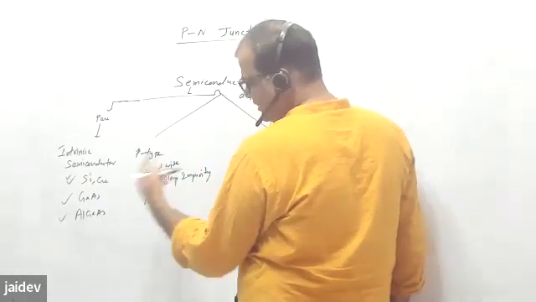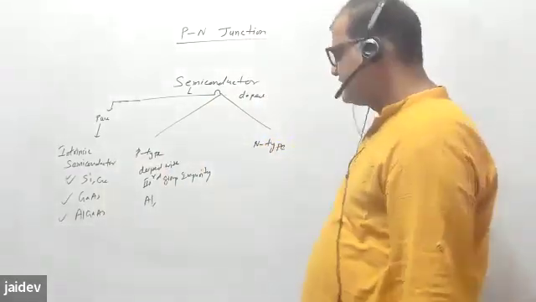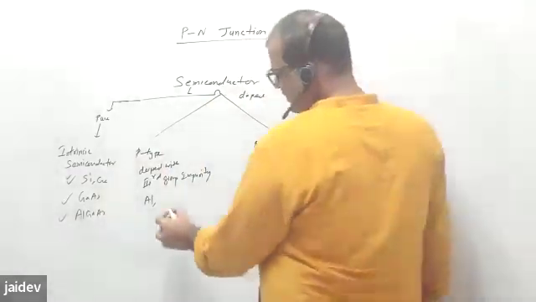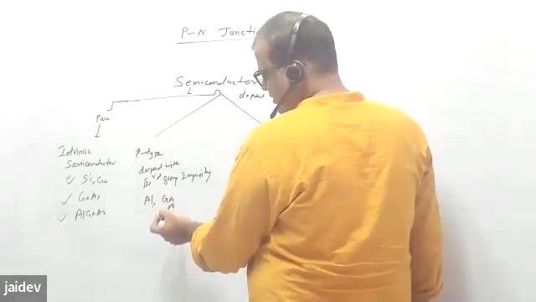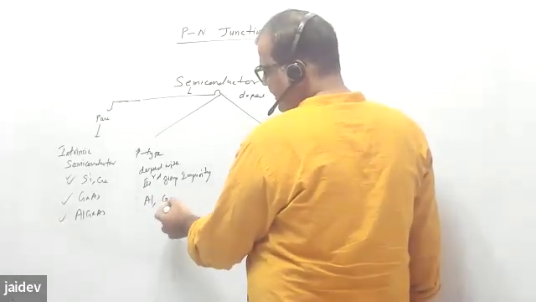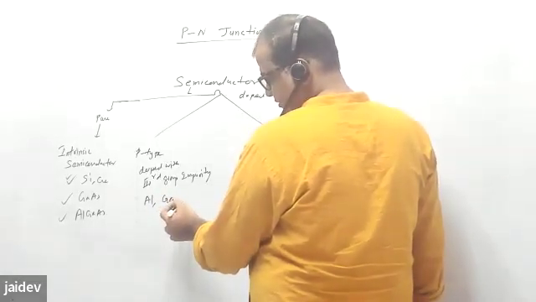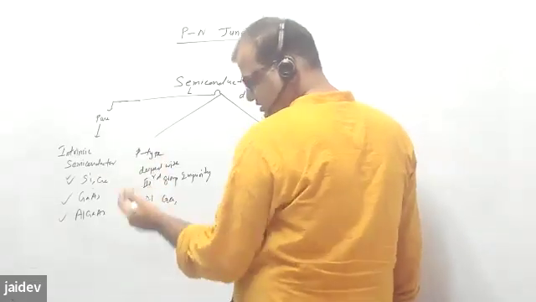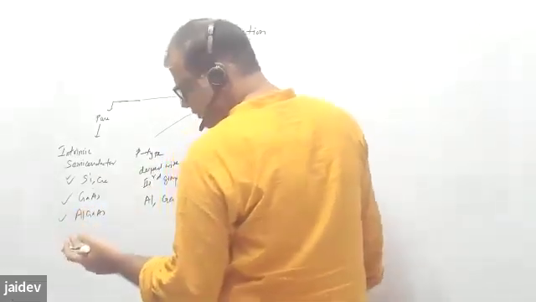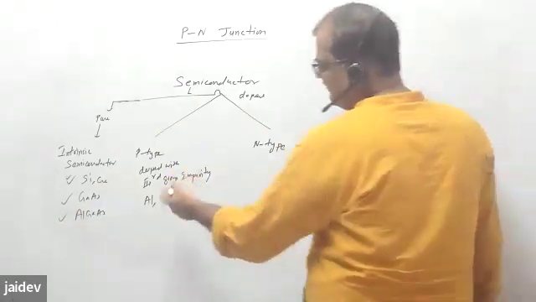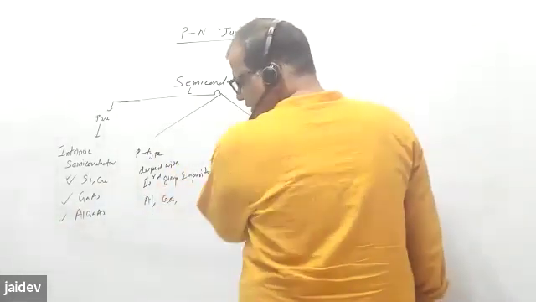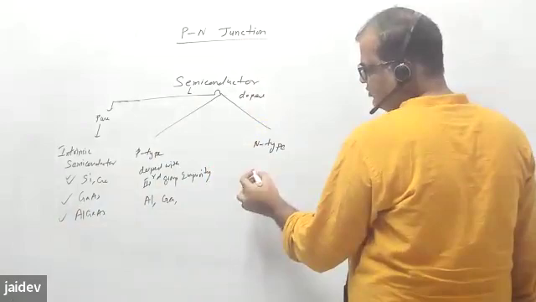Examples are aluminum, gallium, indium. And n-type means doping with a fifth group element.